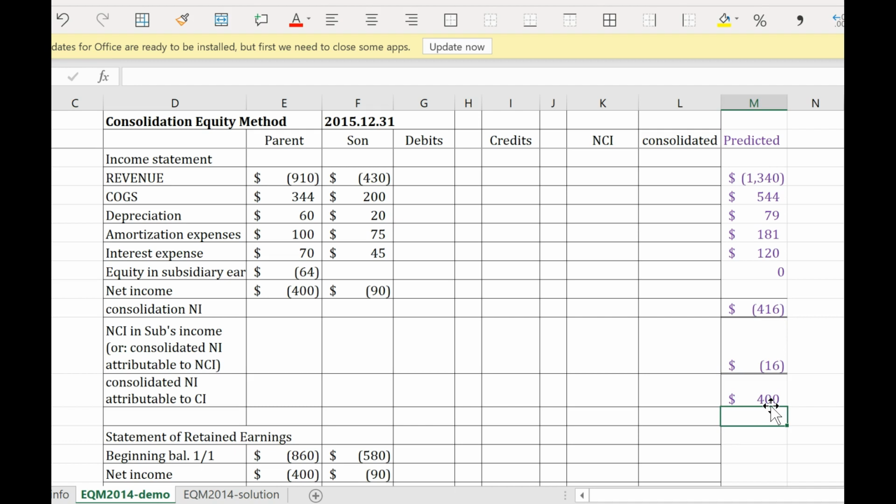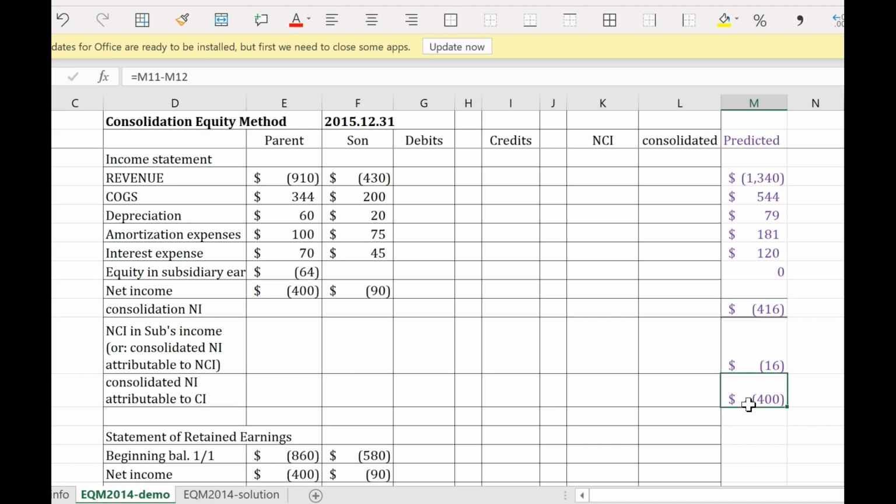In some other books, this may be written as a number without the parentheses, but they add these two numbers up. Anyways, you should understand the total consolidated net income would be attributable to NCI and CI. So the NCI's number plus the CI's number should equal the total net income.